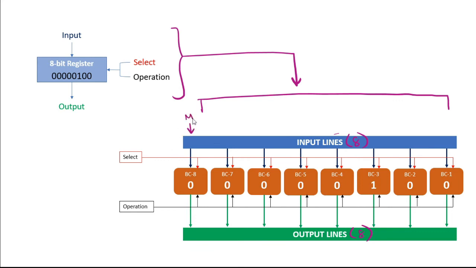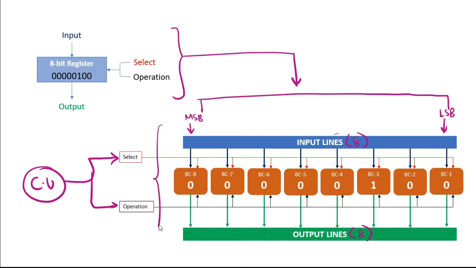The most significant bit will be stored in the leftmost binary cell, and the least significant bit in the rightmost binary cell. When the control unit sends the select signal and operation signal to the register, the register sends them to all the binary cells combinedly. We have already discussed that.